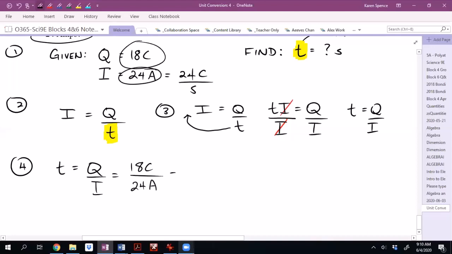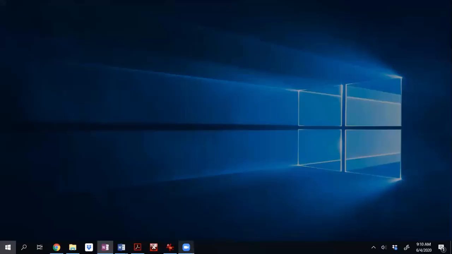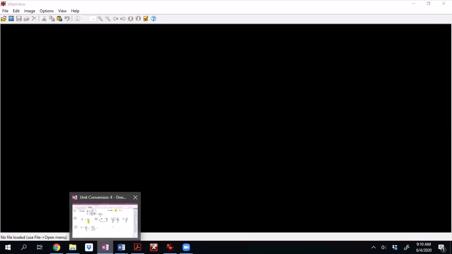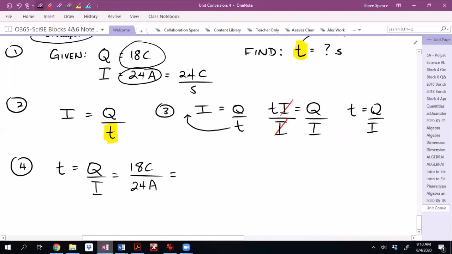And then we could rewrite current as 24 coulombs per second. So we have 18 coulombs divided by 24 coulombs per second. And the coulomb cancels with the coulomb, and that gives me a 1 there, and a 1 there, okay?